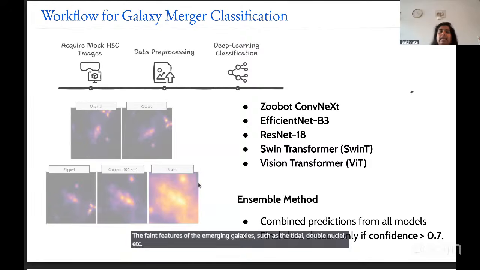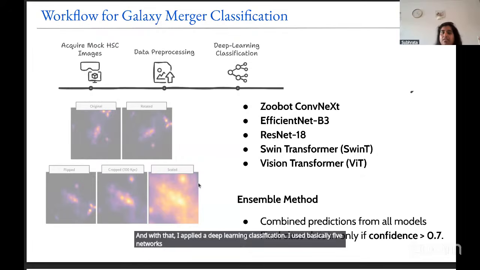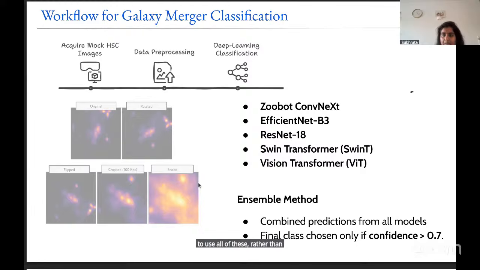And with that, I applied a deep learning classification. I used five networks, as you can see here: Zoobot ConvNeXt, Zoobot EfficientNet, ResNet, Swin Transformer, and Vision Transformer. My main aim to use all of these, rather than just going with one network, was to capture the diverse morphological parameters that the networks might focus on.